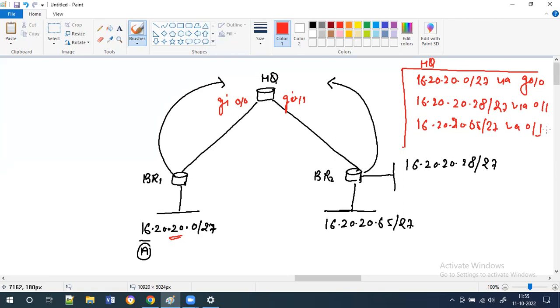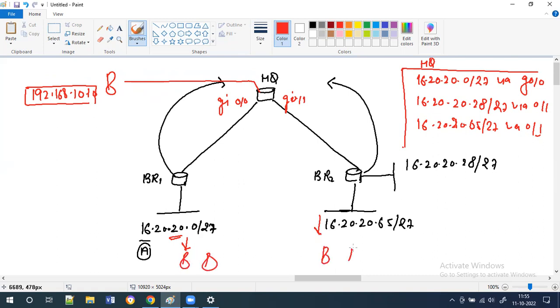Now, at the head office, there is a person whose IP address is 192.168.10.10. And here also I have a person. Here also I have a person. Correct? Now he wants to communicate with an IP address. This is the source IP.